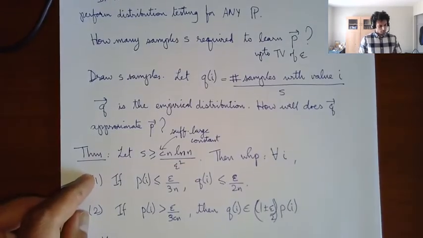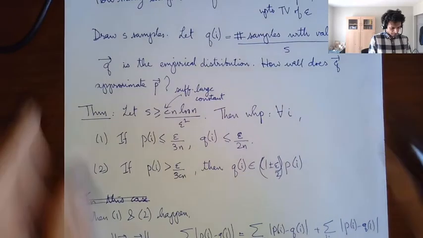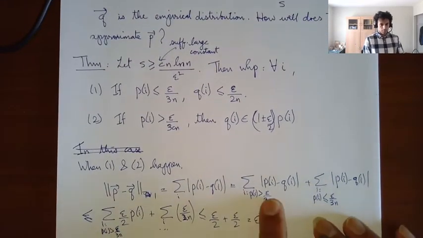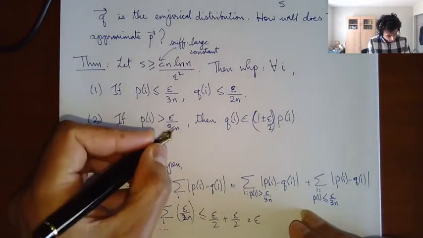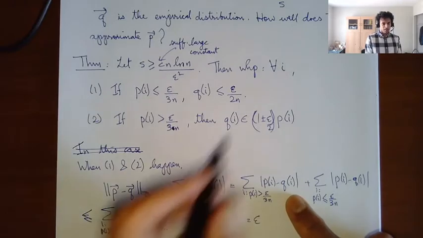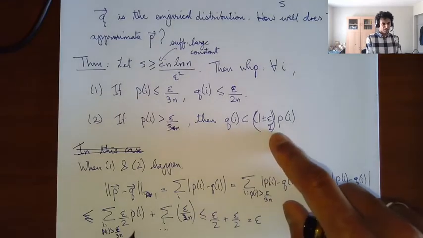Now, how do we prove this? What was the bound on, how did you bound the first sum for the big P of I's? It's epsilon over 2 times P of I. That's exactly what this guarantee is.